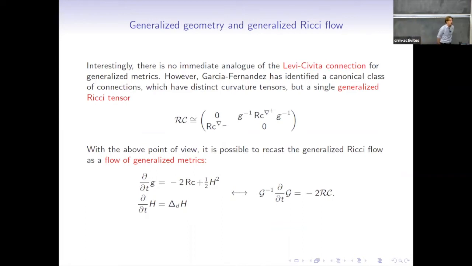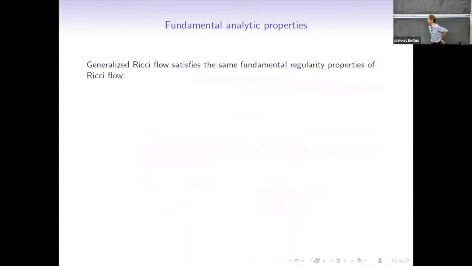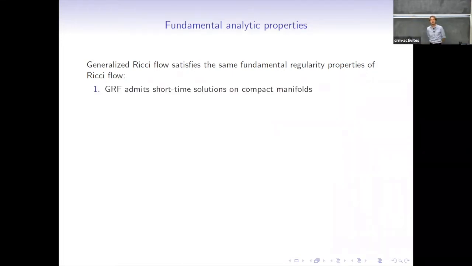Okay, so we have a little bit of motivation. But now we can discuss what we actually do. So I just very briefly recall some fundamental regularity properties of the flow. Some basic adaptation of Hamilton's work gives you short time solutions in general.